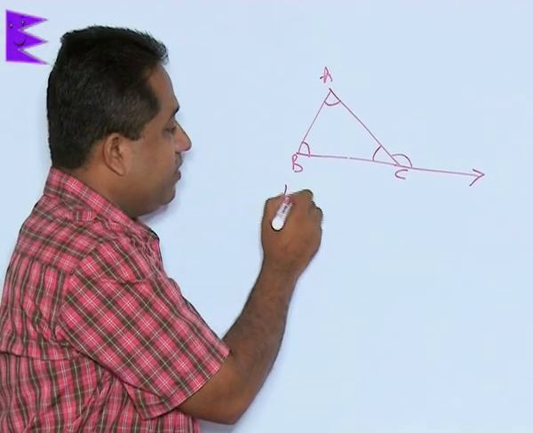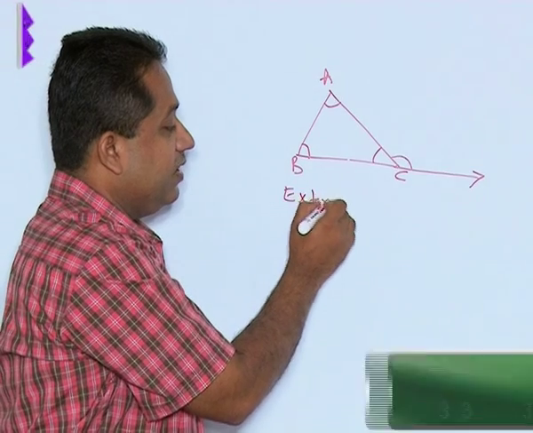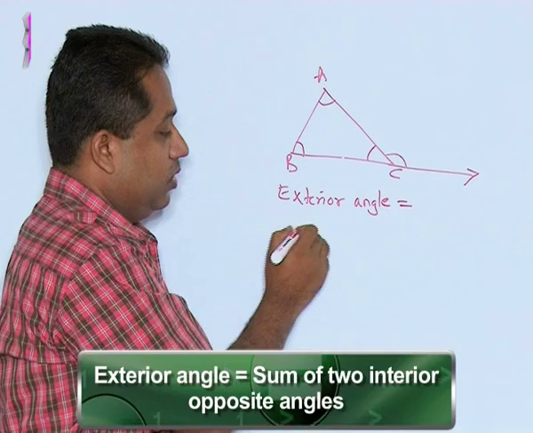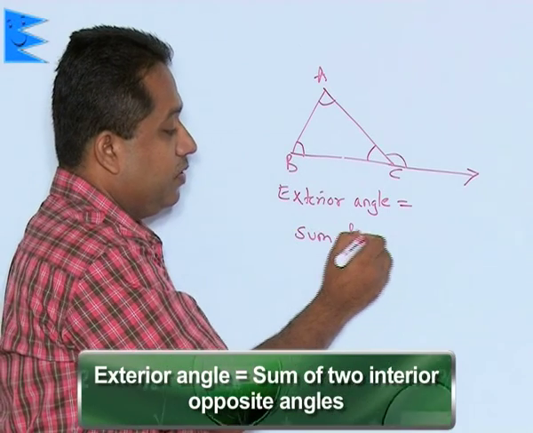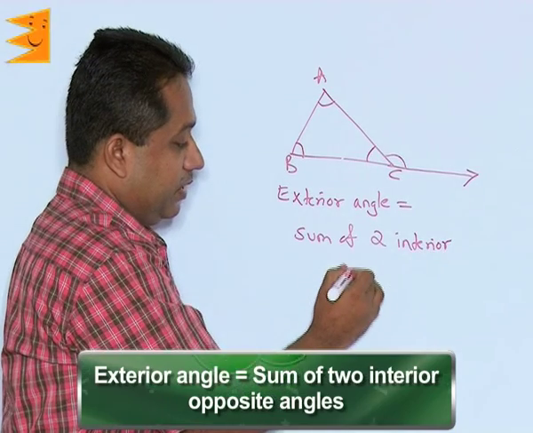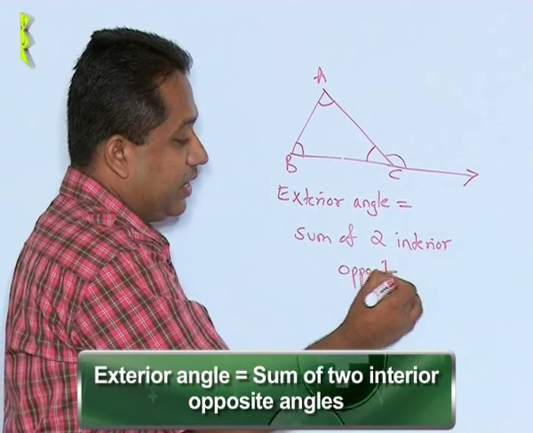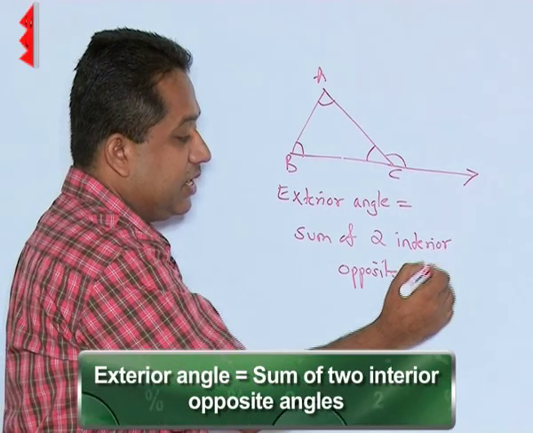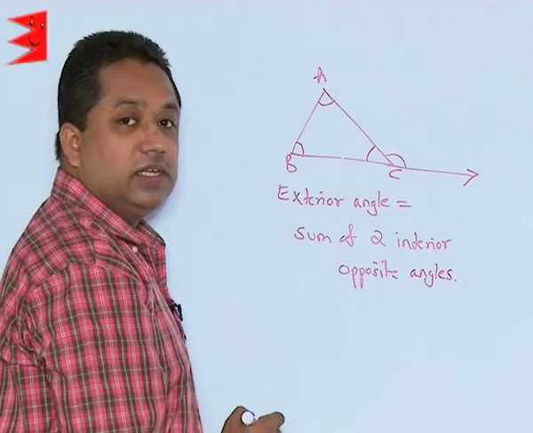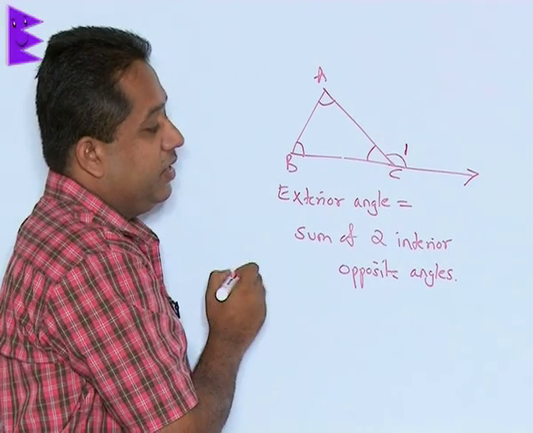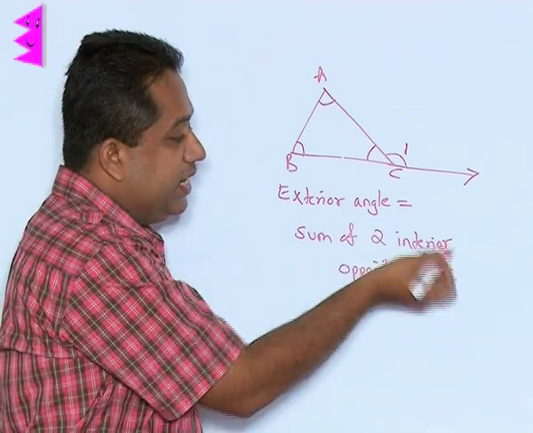Now, there is a relation which we are supposed to know: the exterior angle of a triangle will always be equal to the sum of the 2 interior opposite angles. In other words, this exterior angle, let us say angle 1, is equal to the sum of the 2 interior opposite angles.